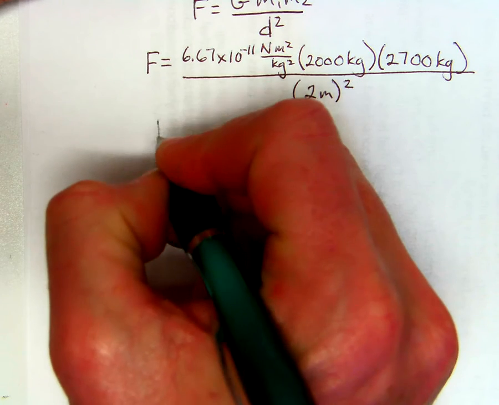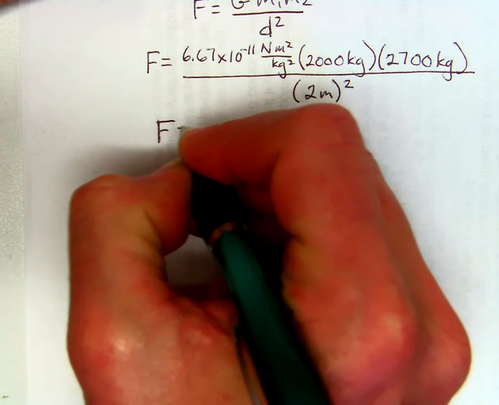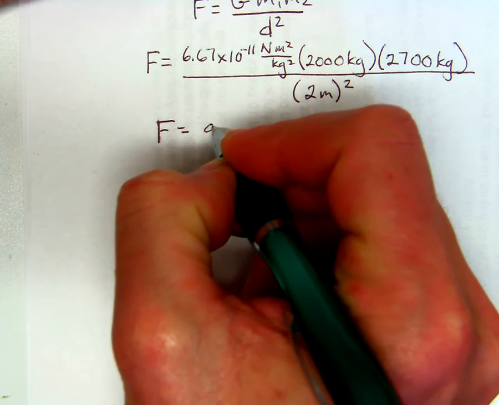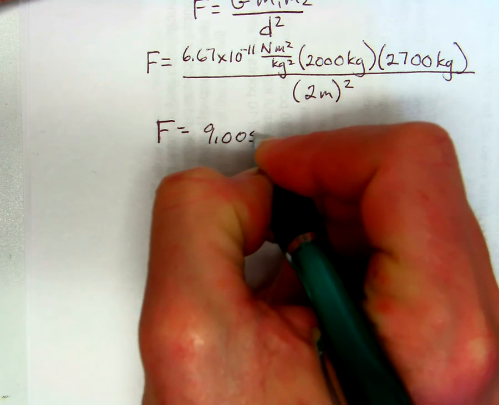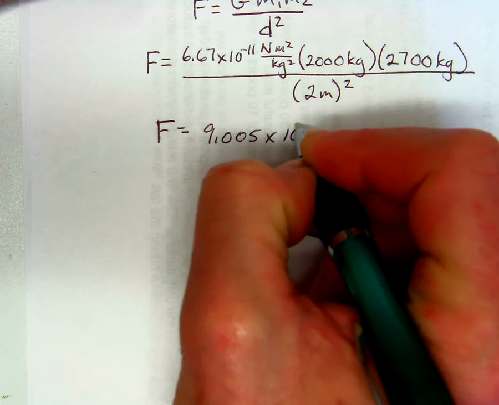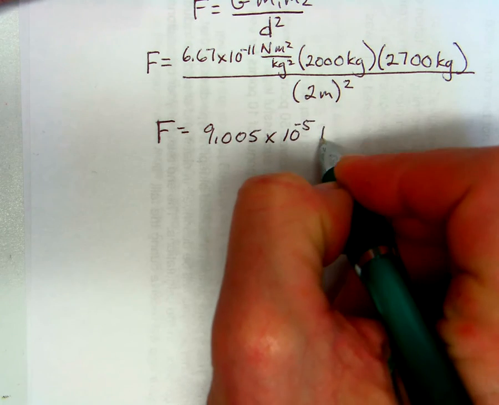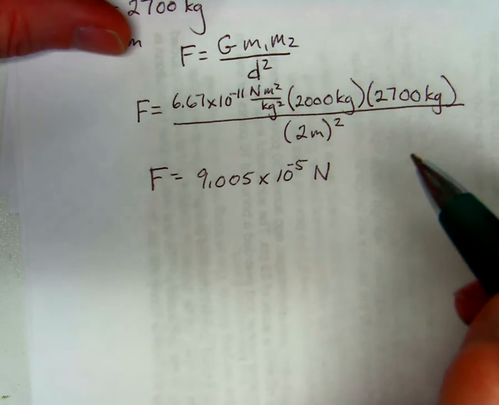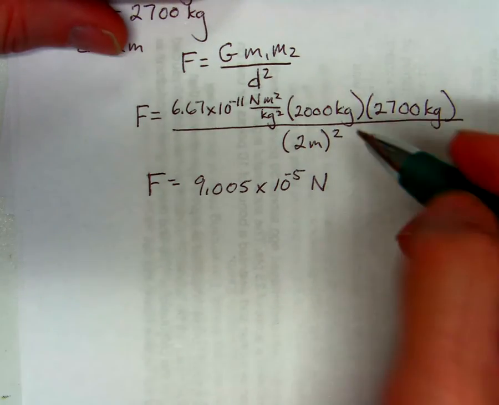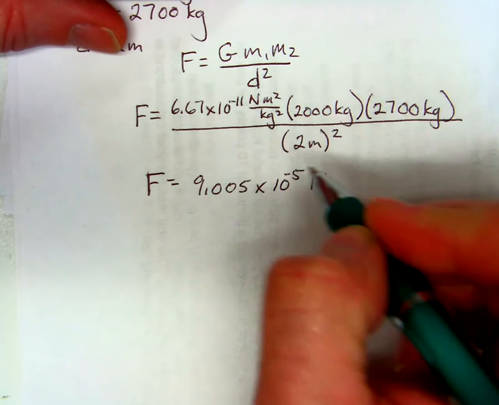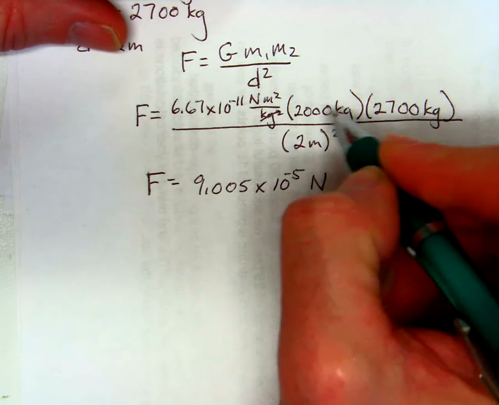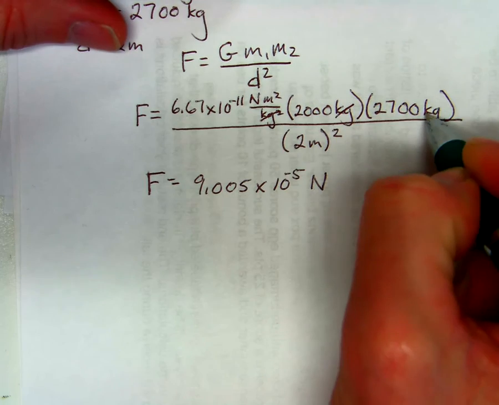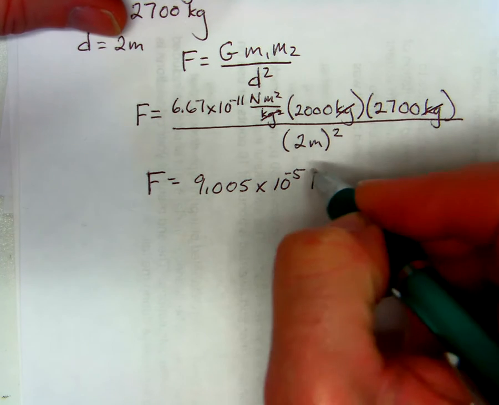So our gravitational force here is 9.005 times 10 to the negative 5th newtons. Just to make sure that's what we get, we have kilograms squared on the bottom. That cancels with a kilogram here and a kilogram there.